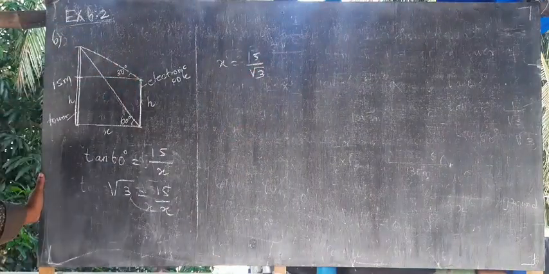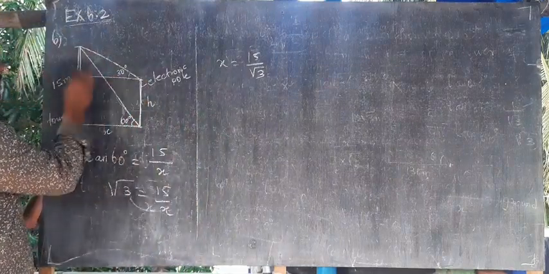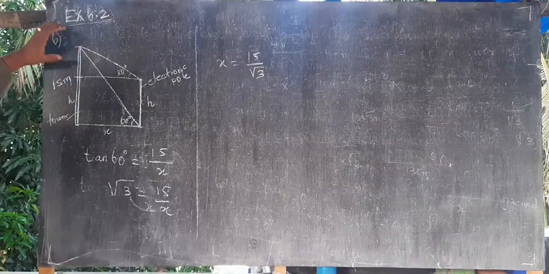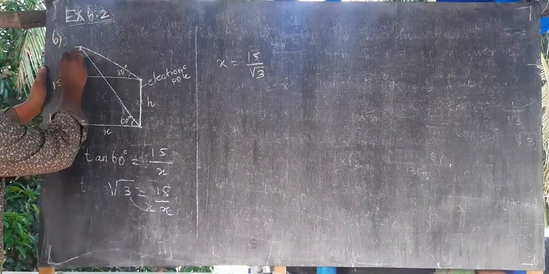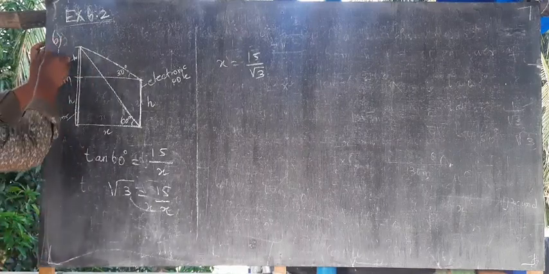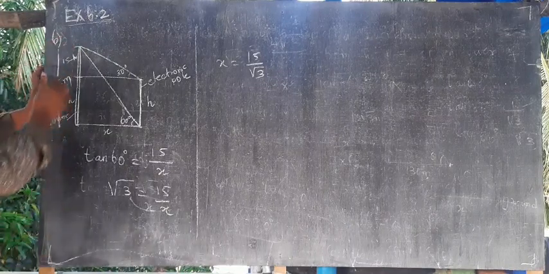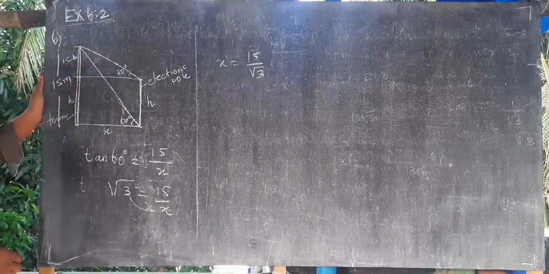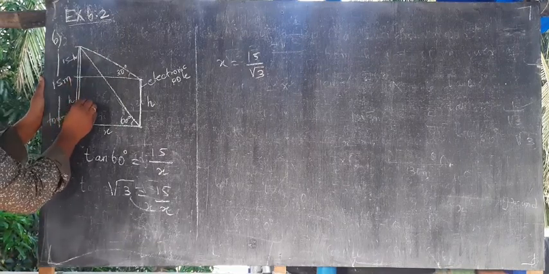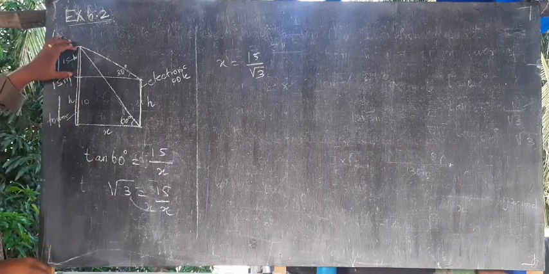Like this we write. Then now the other angle, tan 30 degrees. Tan 30 degrees means this one only. The total height is 15. We don't know this side, so I put minus h. So the total height is 15 of the tower, and we don't know this part, so it is 15 minus h. For example, the total height is 15 and this height is 10. What is this height? We can easily say this is 5 meter.